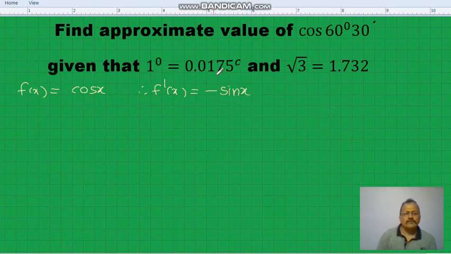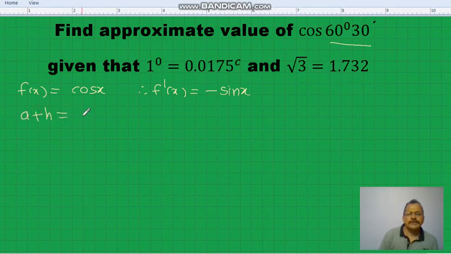I want the value of a and h such that a plus h is 60 degrees 30 minutes.